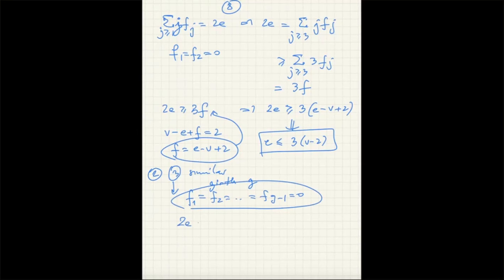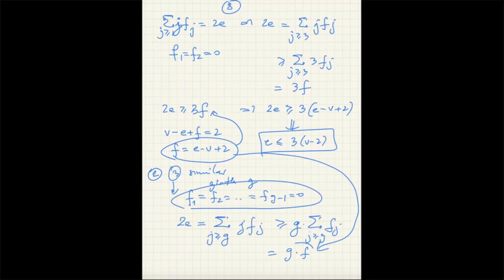So 2E is a summation over all j greater or equal to g of j times F_j, which is greater or equal to g times the summation of F_j, the girth times the number of faces. You do the same substitution and it gives E at most g over g minus 2 times V minus 2.